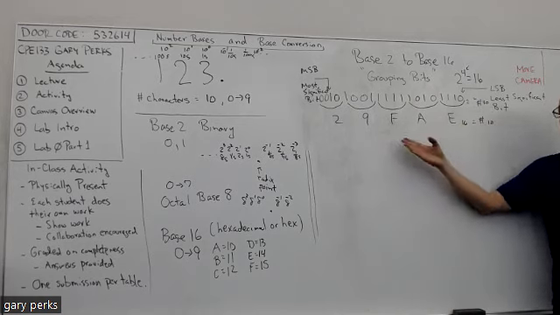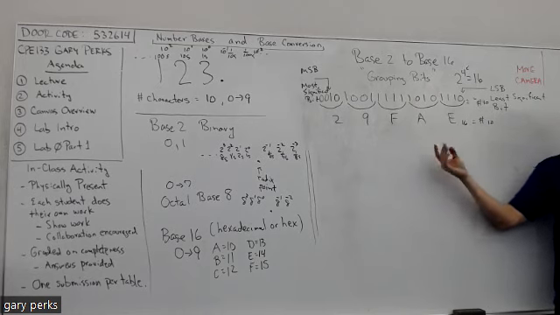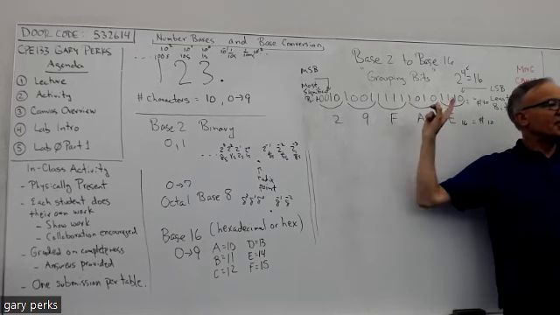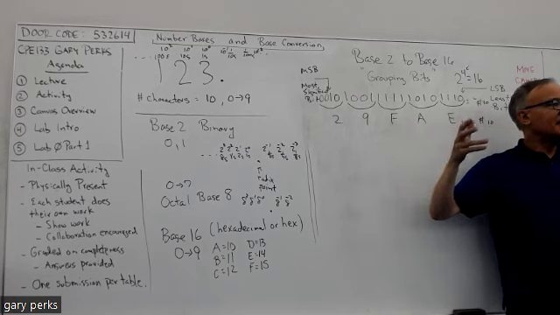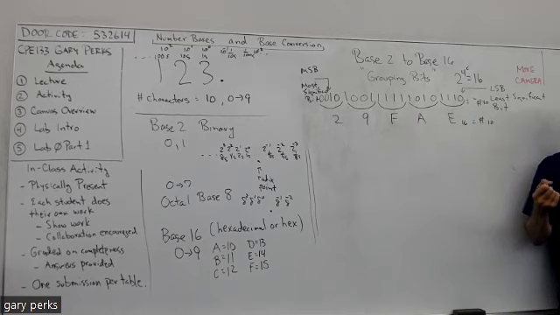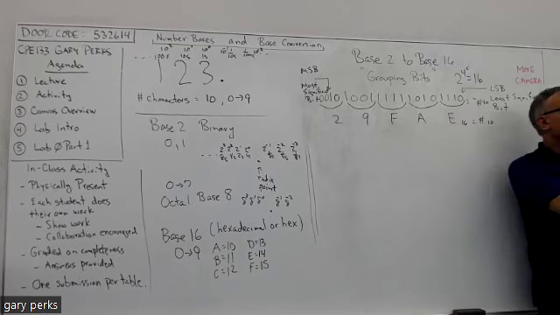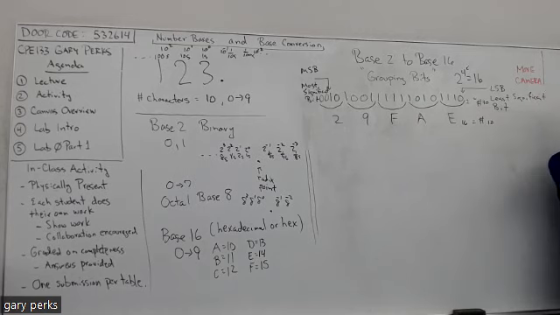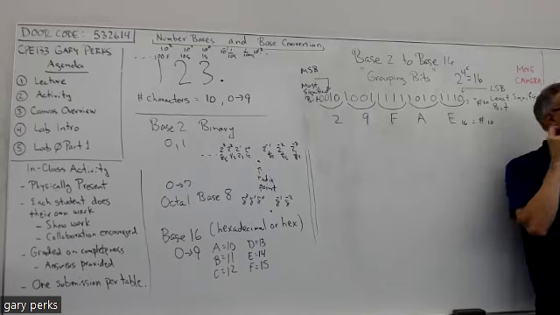Because if I represent a 32-bit binary piece of data as hexadecimal, how many hexadecimal characters is it going to be? 8, right? Because every 4 bits gives me just 1 hexadecimal character. In fact, that's one of the questions on the activity.